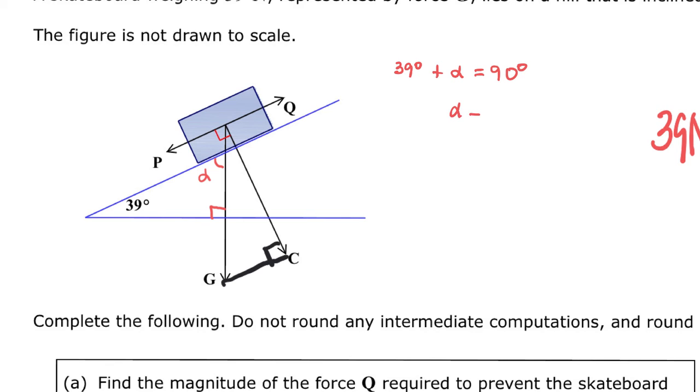So when we subtract 39 from 90 degrees, we're going to have the value for alpha. So 90 minus 40 is 50, so it'll be 51 degrees. All right, so we get 51 degrees for alpha.